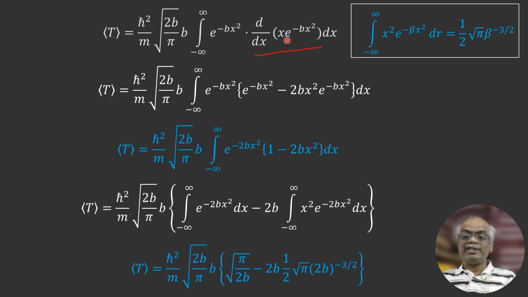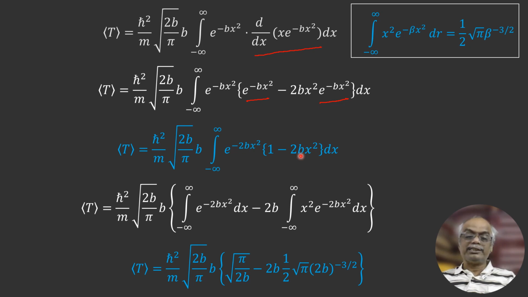Then we differentiate the exponential term, leaving x as it is. Differentiating the exponential gives minus 2b x, and since there is already one x, this becomes minus 2b x squared. Taking the exponential term outside, we have e to the power minus b x squared times 1 minus 2b x squared.